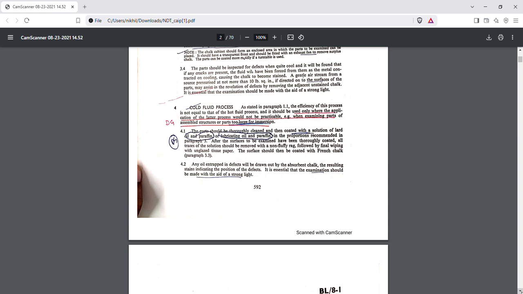The parts should be thoroughly cleaned and thinly coated with a solution of lard oil and paraffin or lubricating oil and paraffin in the proportions recommended in paragraph 3.